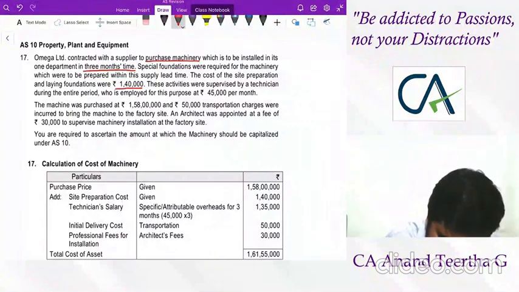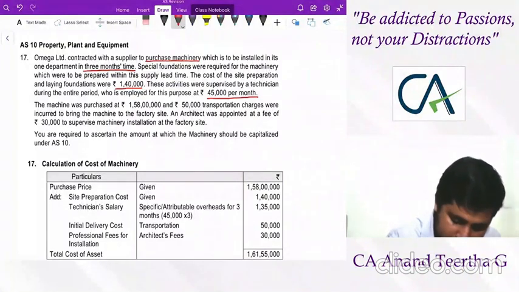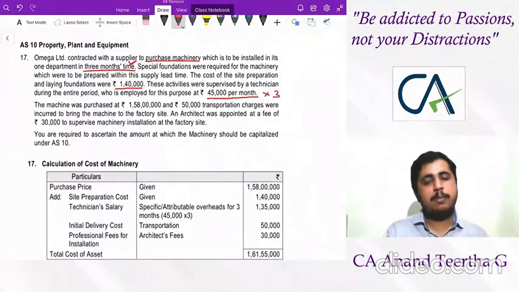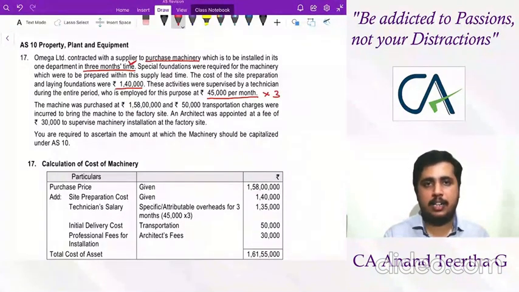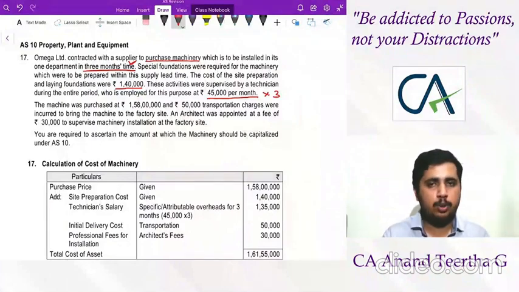Next, these activities were supervised by a technician who is employed for this purpose at 45,000 per month. What is that per month mechanism? 3 months' time, which means into 3. He will be supervising, so any cost incurred to make sure that the asset is properly functioning will be added to the value of the asset. So 45,000 into 3.